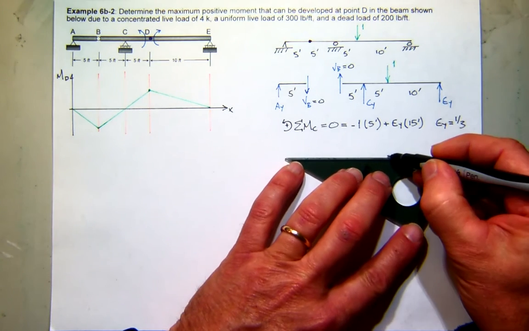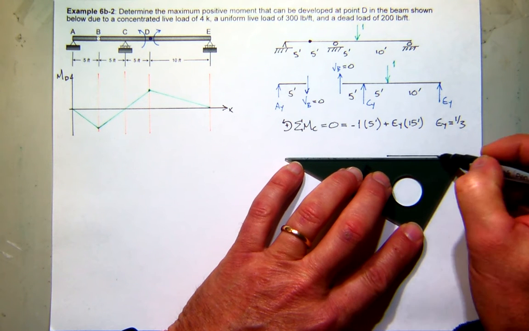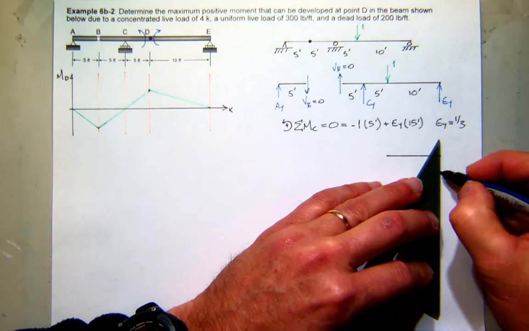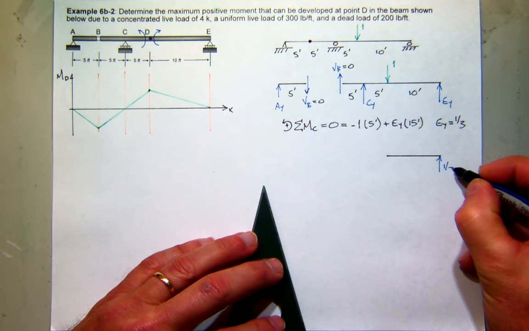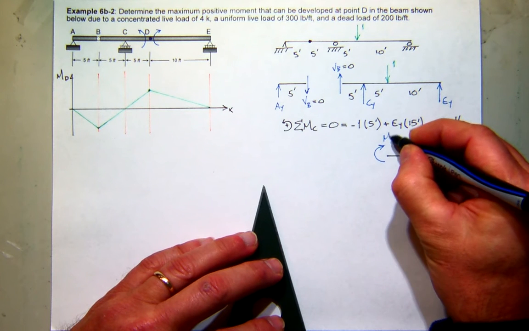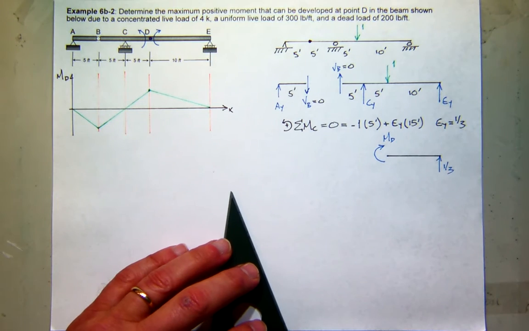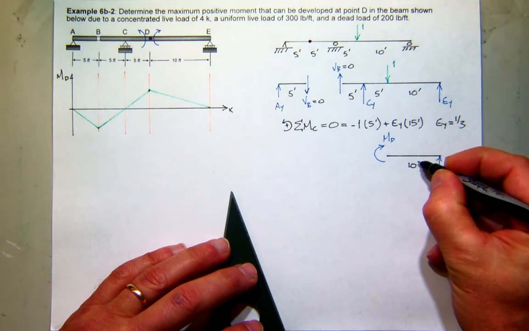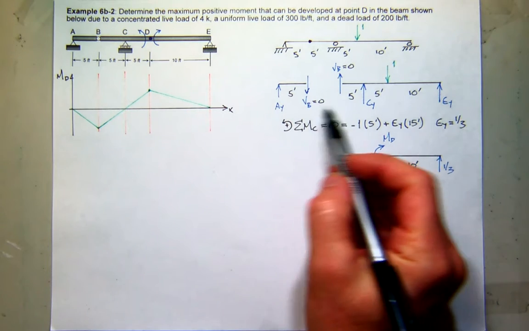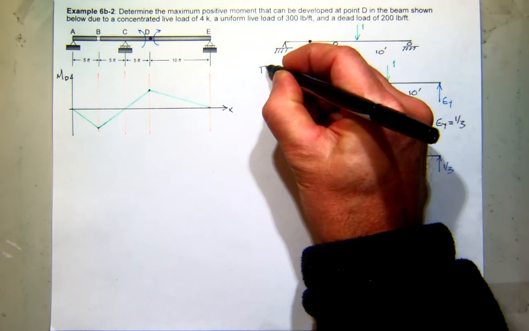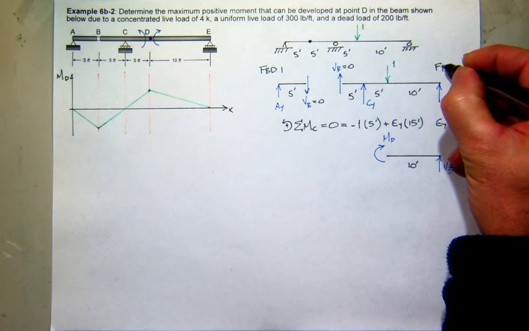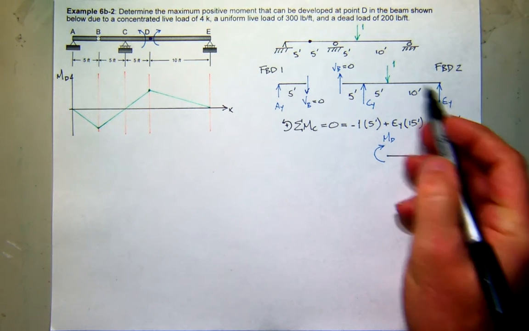Now I'll cut the structure from D to E. I will put my EY reaction on that, which I just found, 1/3, and I'll look for the moment internally at D. So this first set of free bodies, free body diagram 1, free body diagram 2, that was to find my reactions.